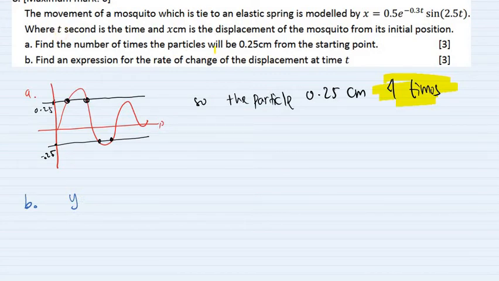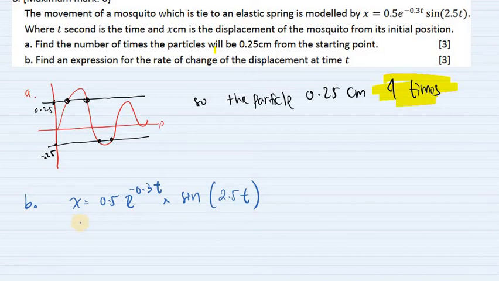Sorry, because we do not start with y. So x equals 0.5 e to the power of negative 0.3 t times sin 2.5 t.